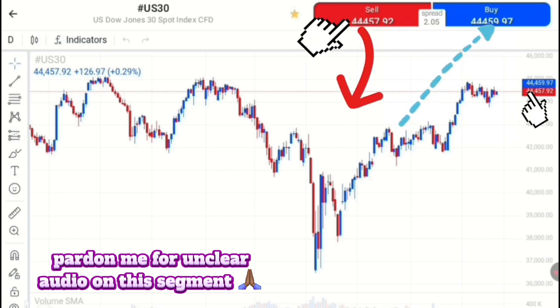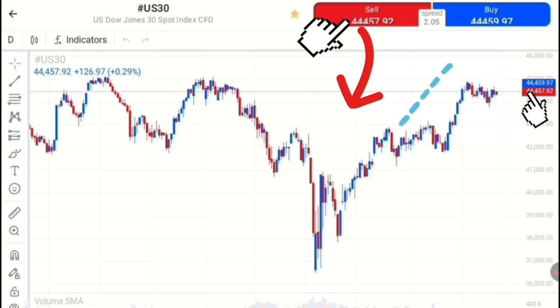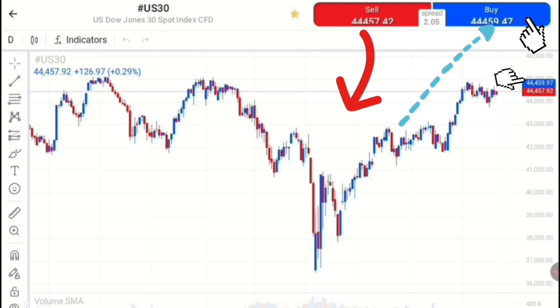If you enter a contract right now and you are selling the US30, this is the price that you will sell the US30 from. And if you decide that you are buying the US30, this is the price that you will be buying the US30 from right now on the spot. As you can see, this price is the same as this price, and this price is the same as this price. It's literally just the same thing.